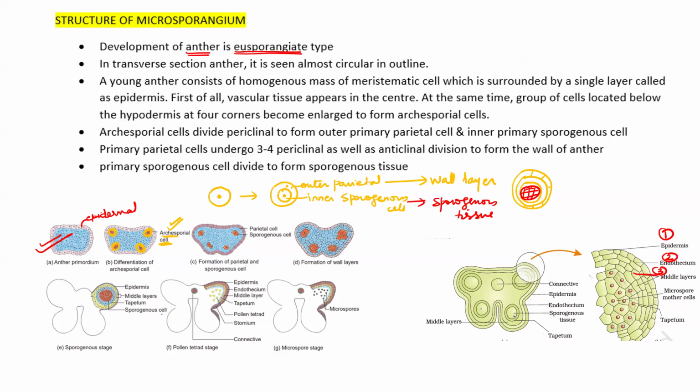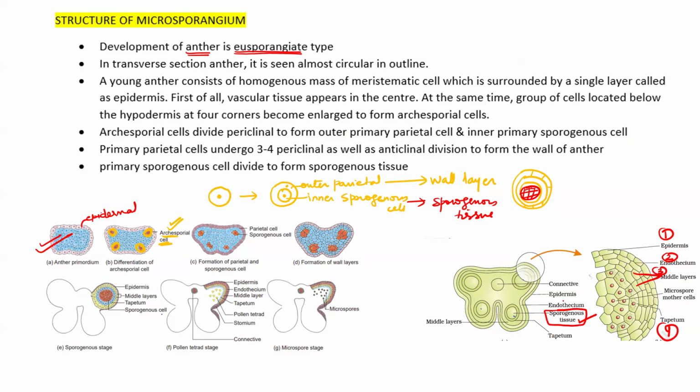Two arrows indicate it is more than 1 layer, because epidermis is only 1 layer, endothecium only 1 layer, but middle layer is 2 to 3 layers. And innermost is tapetum. And this is a sporogenous tissue which is made from the sporogenous cell by many periclinal as well as anticlinal divisions. Is it clear? I hope this much is comfortable for you.